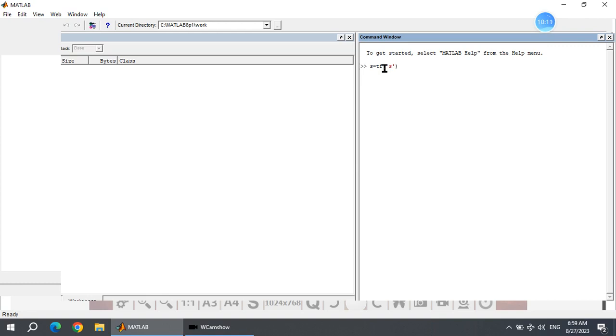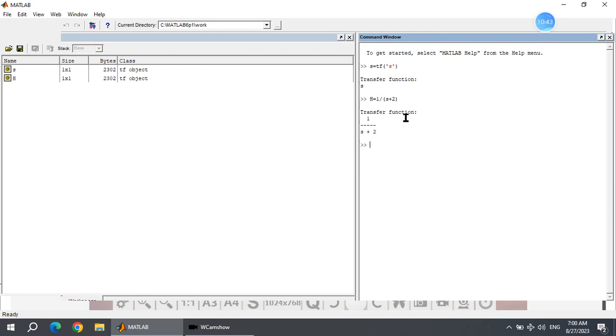Alright, I get S. Then we give a system h of t and a capital H of S. H of S is the transfer function. So we start from a simple case. It's 1 over S plus some number like 2.